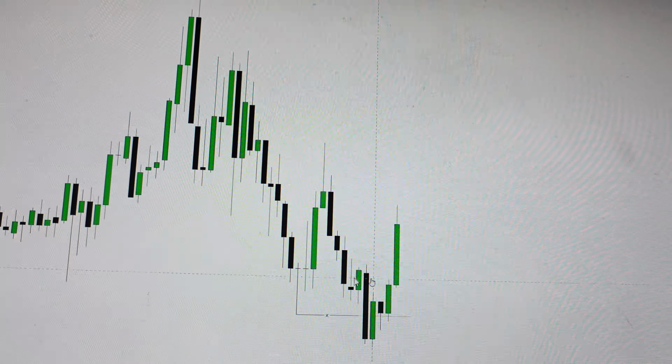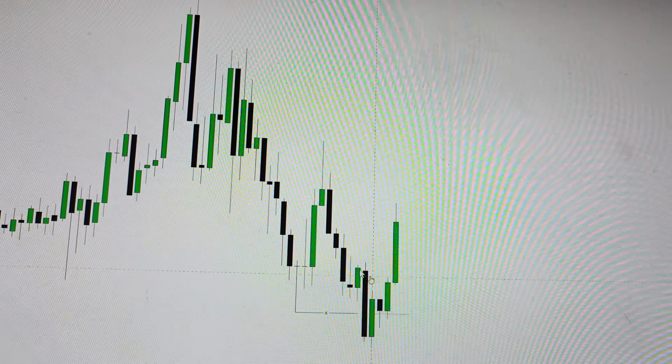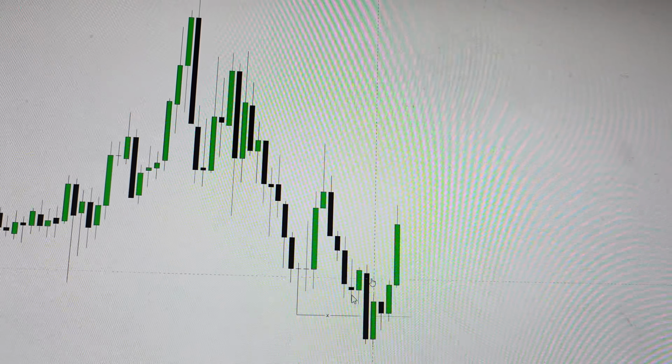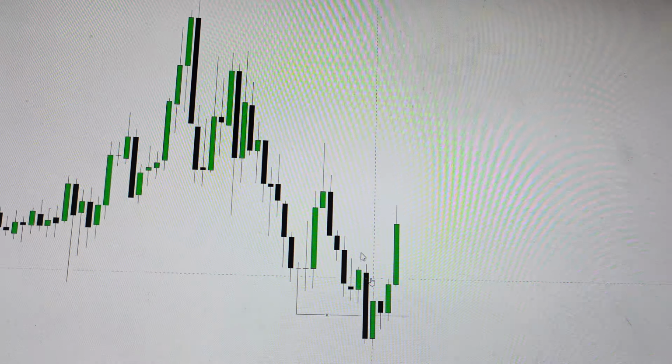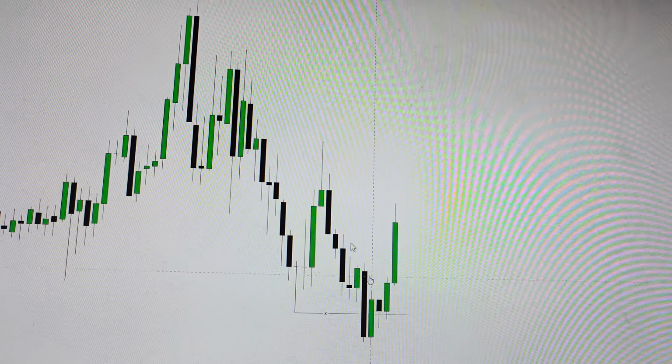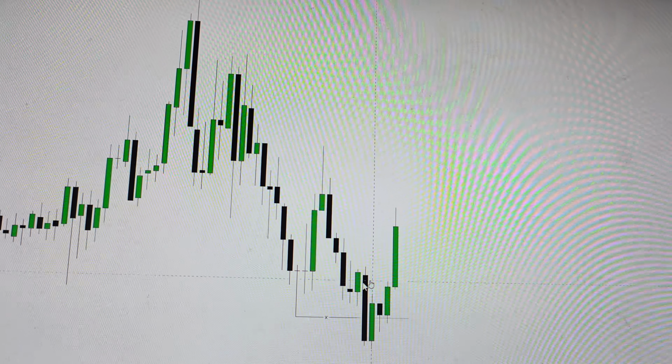Like I said, I don't consider this a swing high per se, because price didn't even close over this candle right here. If price closed over this candle, I'd consider that a swing. And then this black candle closed below this, so that's another swing.